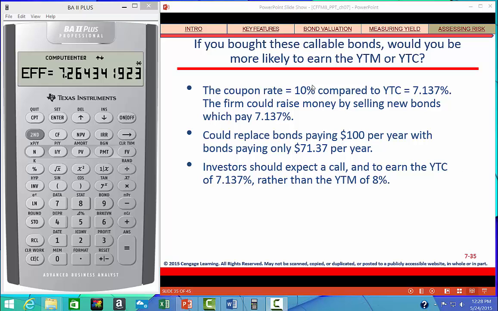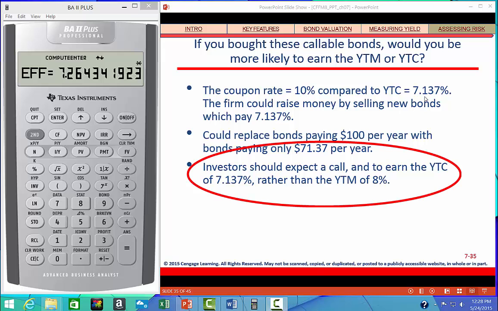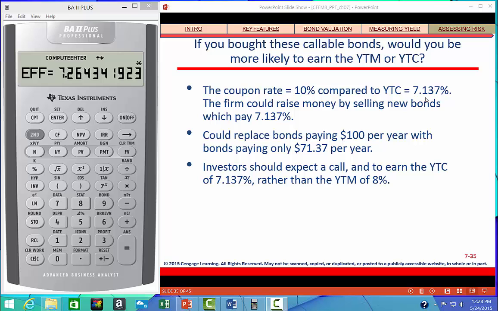And we would be more likely to earn the yield to call of 7.137% because the firm is currently paying $100 in interest expense, and now it could go down and reduce its interest expense to $71.37 per bond. So it would be logical for the firm to call the bonds back, save interest expense, and that would increase their net income.